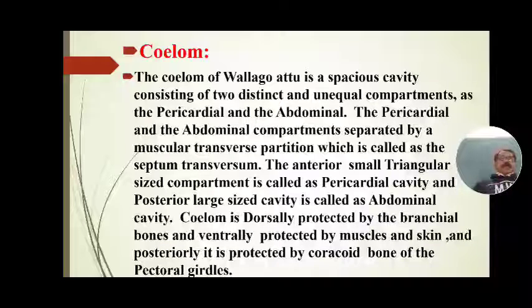One is the short, small, triangular anterior part, and the second is the large, spacious, irregular posterior chamber. The anterior small triangular chamber is called the pericardial cavity, and the posterior large irregular cavity is called the abdominal cavity.